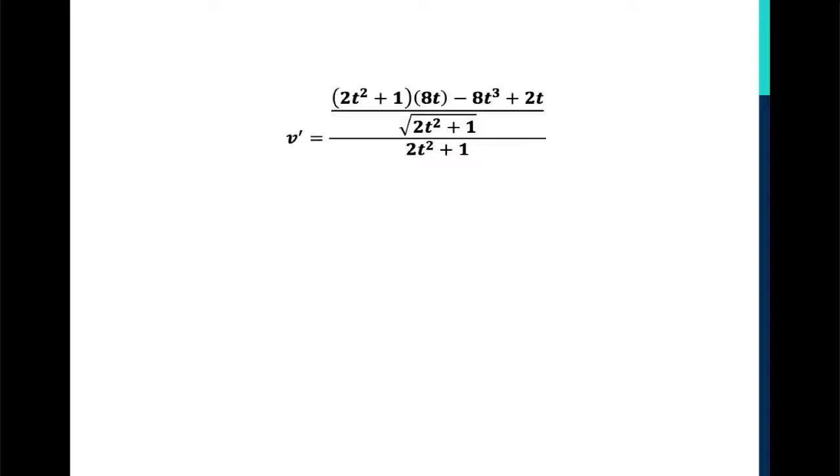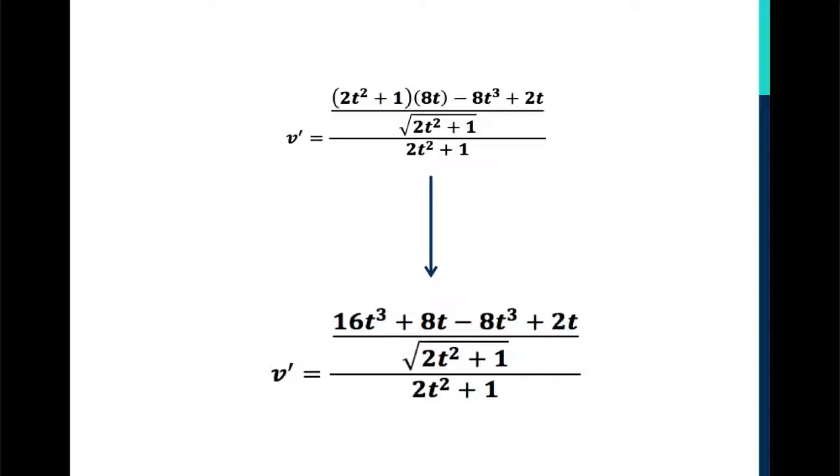So combining further and simplifying further, we would get this result. Oh, I'm sorry, this should actually be a negative, or a minus symbol rather, not a plus. So, okay, moving on.